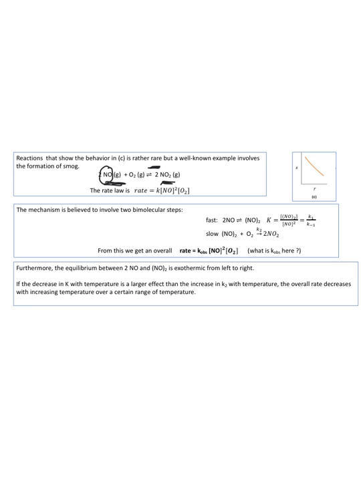This shows a second order in NO and first order in O2. As I say here, the mechanism is believed to involve 2 bimolecular steps, and I encourage you to use a piece of scratch paper to figure out how to get from this mechanism to the one in bold. So recall that the rate of a reaction is the rate of the slow step. However, you can't include an intermediate in a rate law, so you have to make a substitution.